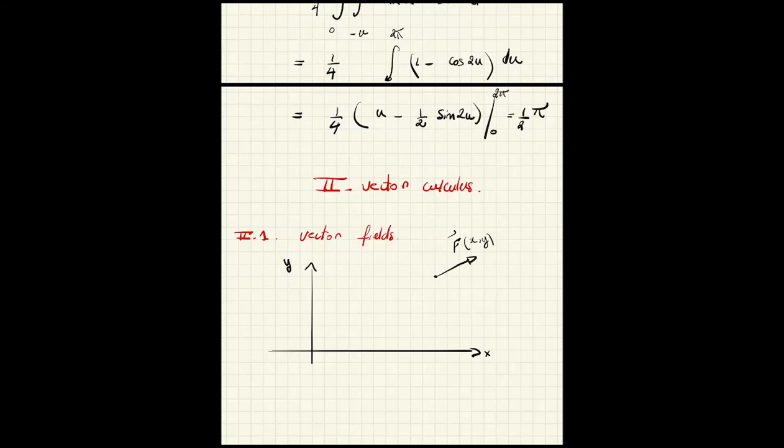It depends on the position where you are. So it's a vector function that at each point x, y gives you a vector. So that's a vector field.